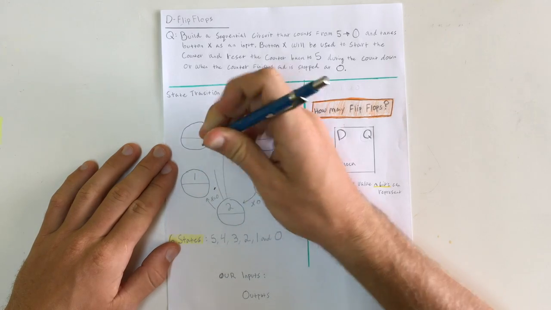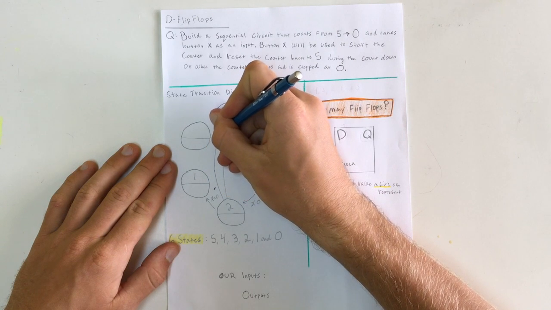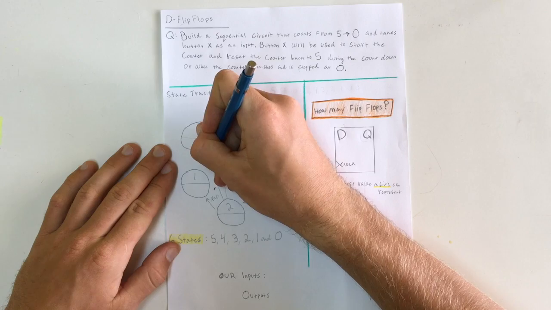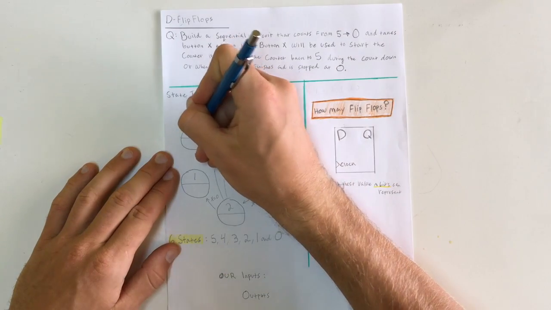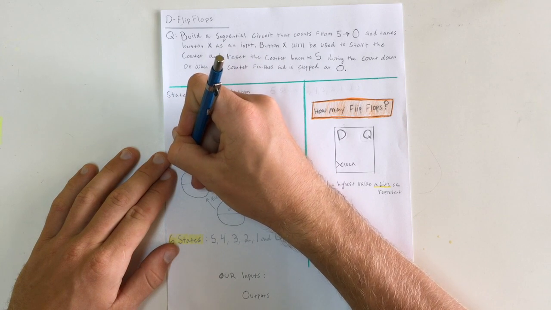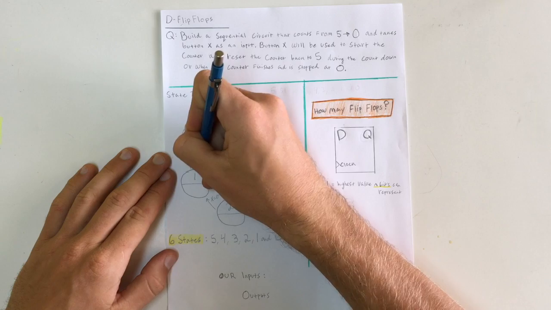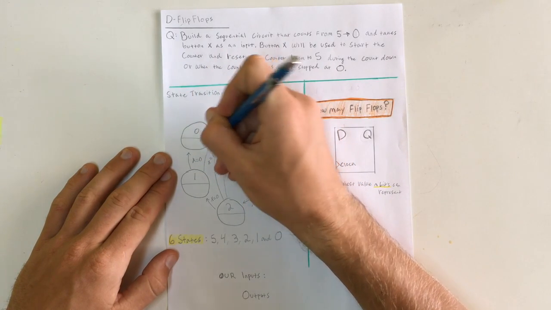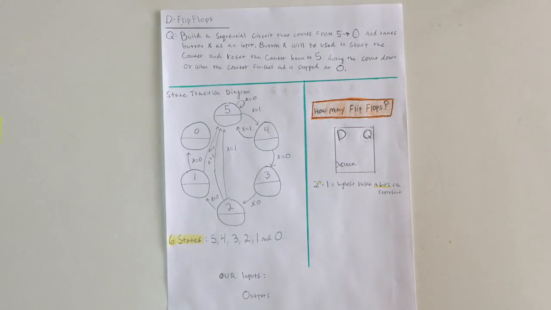And then we will transition from 2 to 5 where we will reset, again, if X is equal to 1. And then finally we will move from 1 to 0, the end of our transition, if X is equal to 0. And similarly we will follow the same pattern of resetting if X is equal to 1 again.